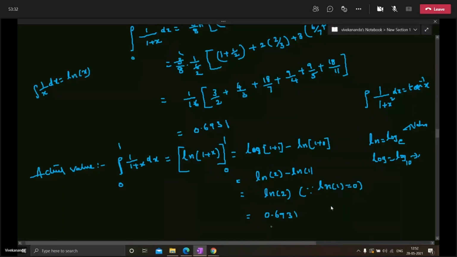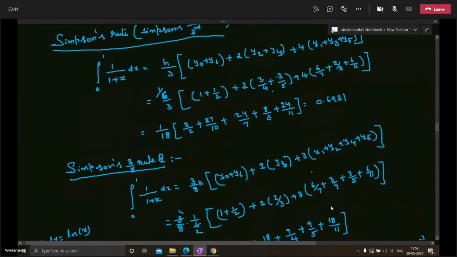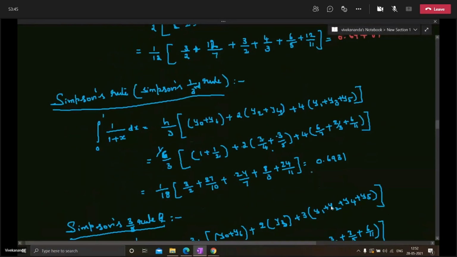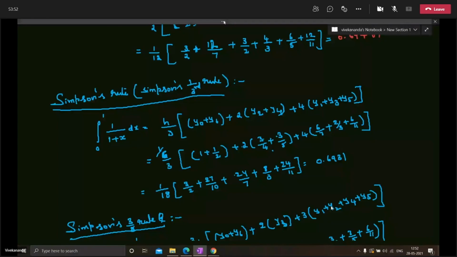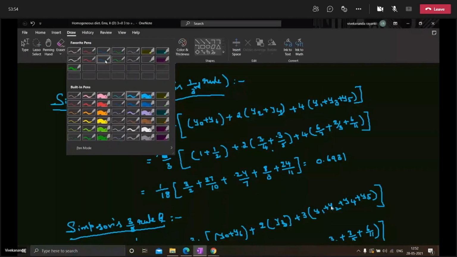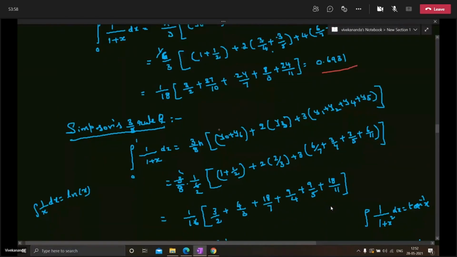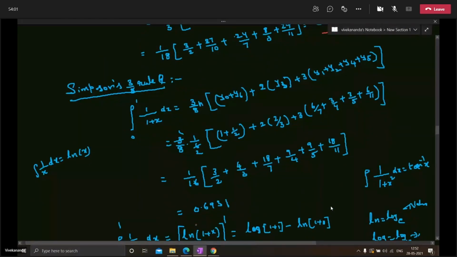0.6931. So with the actual value, which rules are coinciding here? Which values are coinciding with the actual value? Simpson's rule and Simpson's 3 by 8 rule. That you write here.